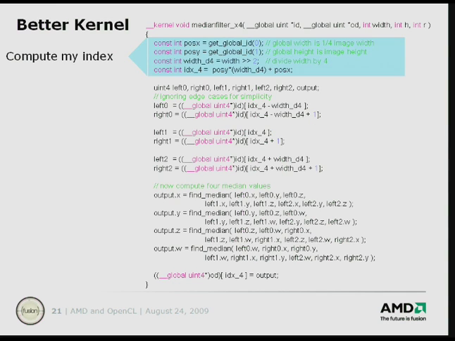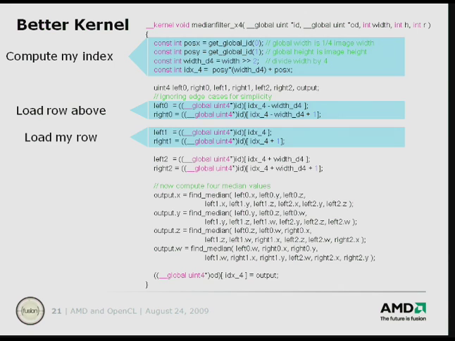So if you look at what we've done, the top basically looks the same. We're going to get a little fancier because we're doing 4 things at a time, so we're going to divide by 4. We're going to load the row above us, load the row that we're currently in, and load the row below us. So we've now done 6 128-bit loads as opposed to 9 32-bit loads. In practice, this is about the same speed on a modern CPU or GPU to load this much data versus the previous version.